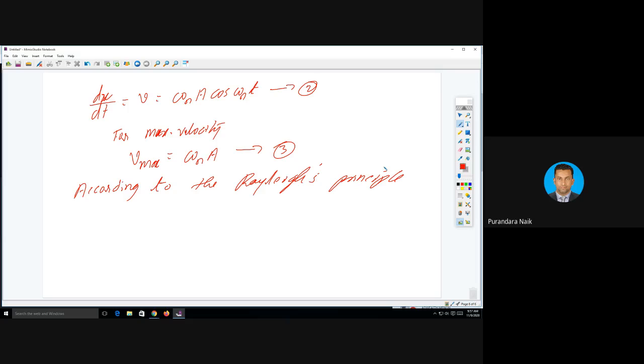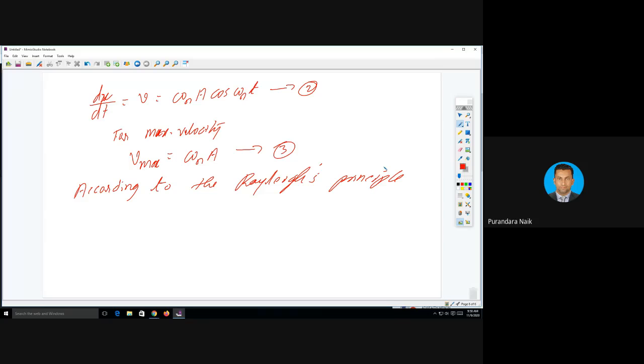At the mean position, kinetic energy will be maximum but potential energy is 0. At the same time, at the extreme end, potential energy will be maximum and kinetic energy is 0. That is the concept. Kinetic energy will be converted to potential energy at different positions.